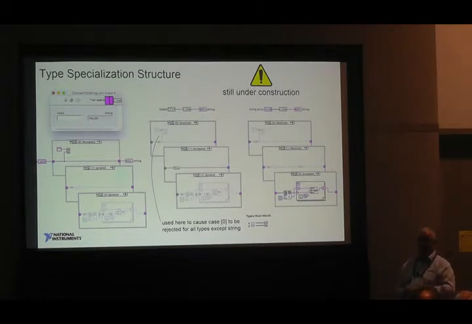So here's an example of a simple VI that says, take anything and produce a string. In the first frame, the first top frame, I have a string wired up, and that string propagates through, and it's accepted, and that frame is used, and the others are ignored.